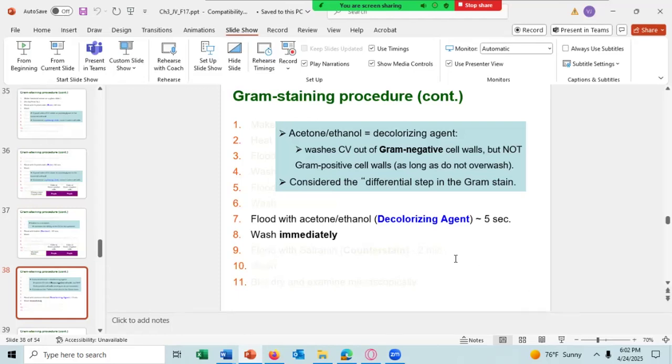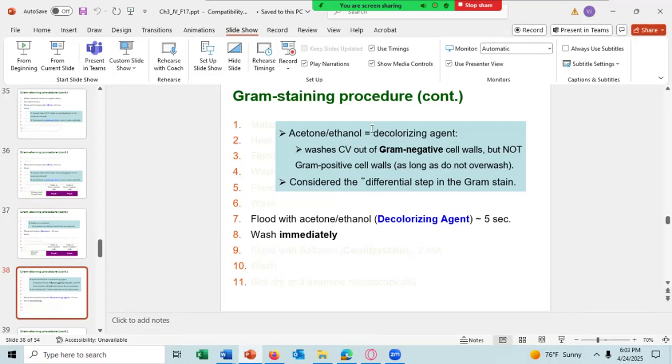You then use the decolorizing agent. Usually we use acetone ethanol as the decolorizing agent, but you could use something else like ethanol acid as the decolorizing agent. You could also only use 95% ethanol. All of these are decolorizing agents.